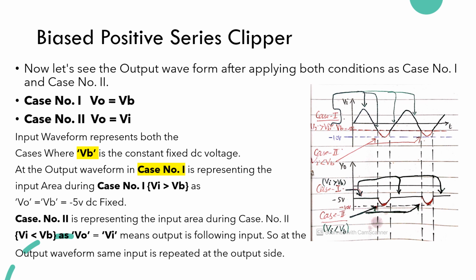Case number 2 is representing the input area where Vi is less than Vb, so V out is equal to Vi, meaning output is following input. So at the output waveform the same input is repeated at the output side, which is clearly mentioned in the output waveform graphs.